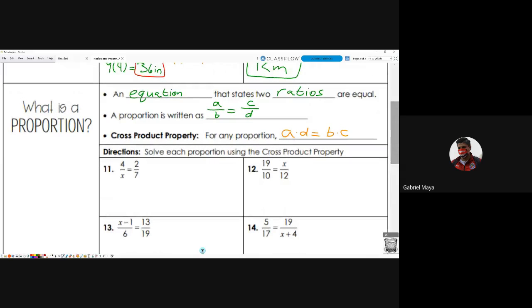All right. So now let's do these ones, okay? So if A times D is equal to B times C, they're cross multiplying. So let's go ahead and do this one right here. If 4 over x is equal to 2 over 7, we're going to multiply this.